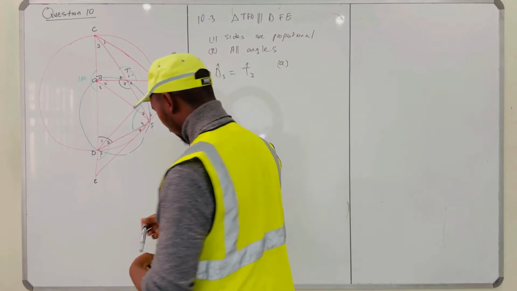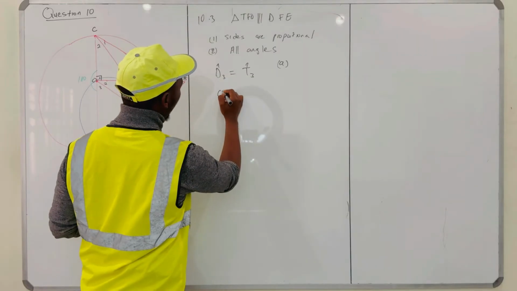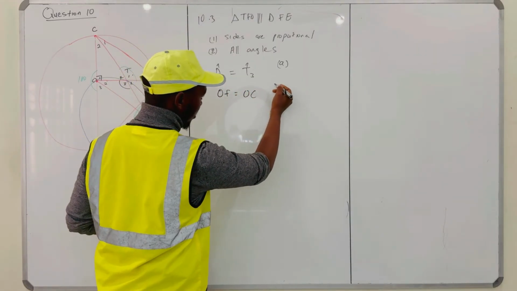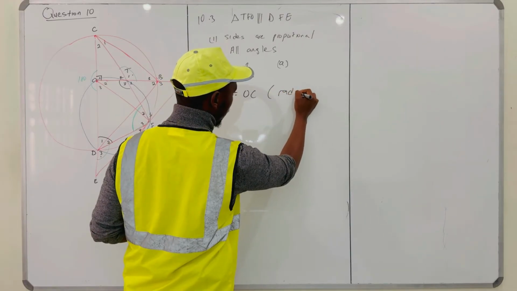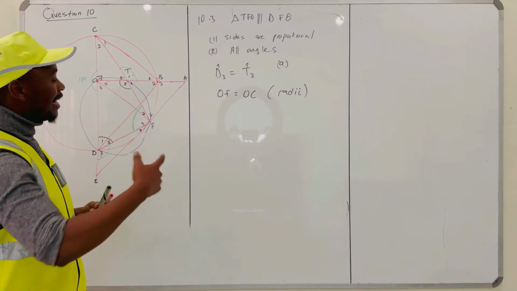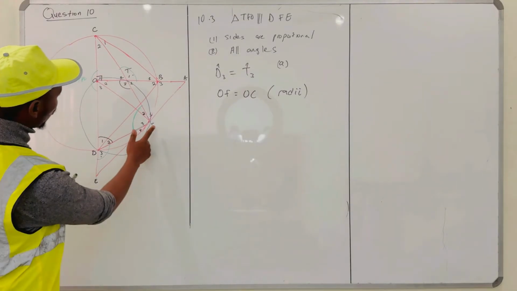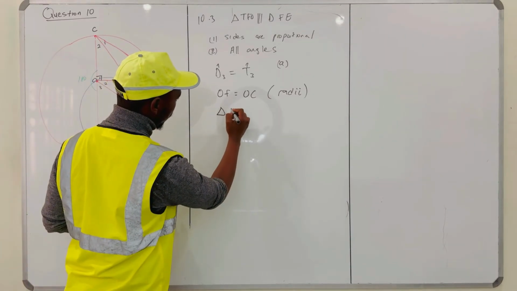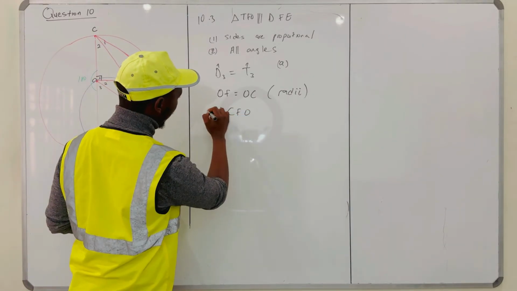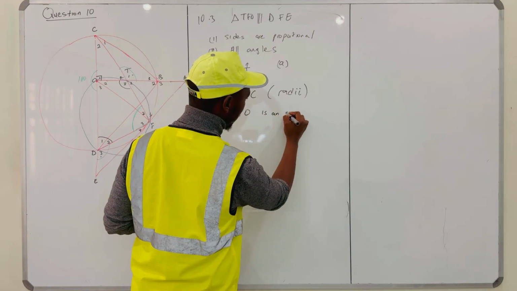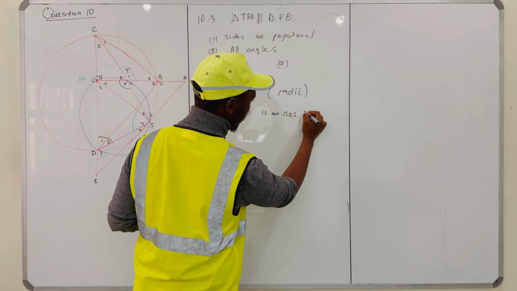So let's start from fresh. OF is equal to OC, which are just radii. That subsequently makes this whole triangle, triangle CFO, an isosceles triangle.